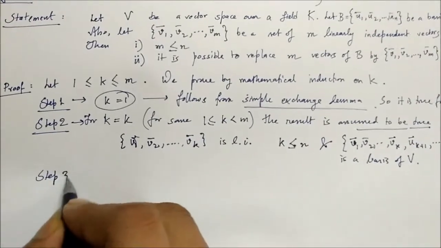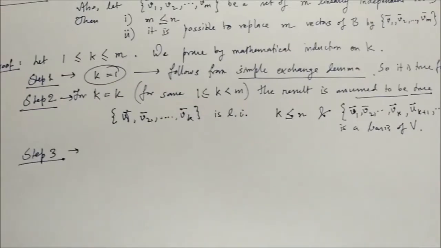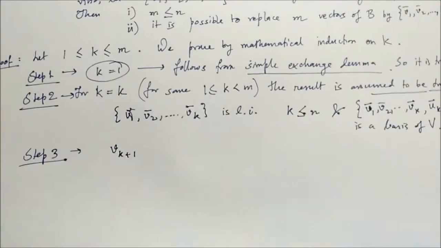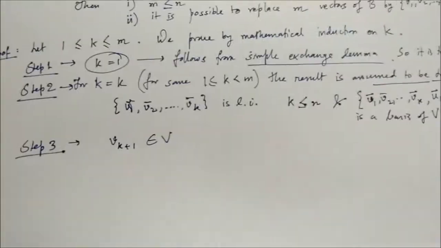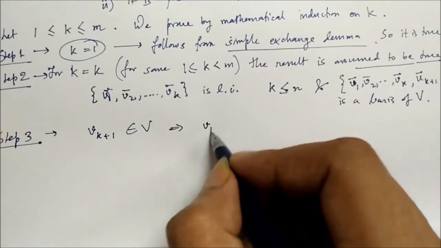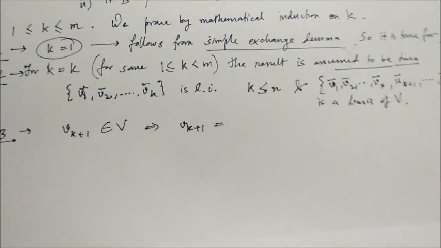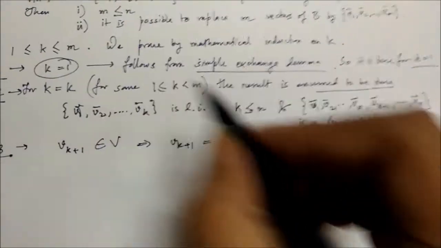Now the most important step, proving the result for k equal to k plus 1, right? So vk plus 1 is any vector of V. This means vk plus 1 can be written as a linear combination of vectors of the basis.